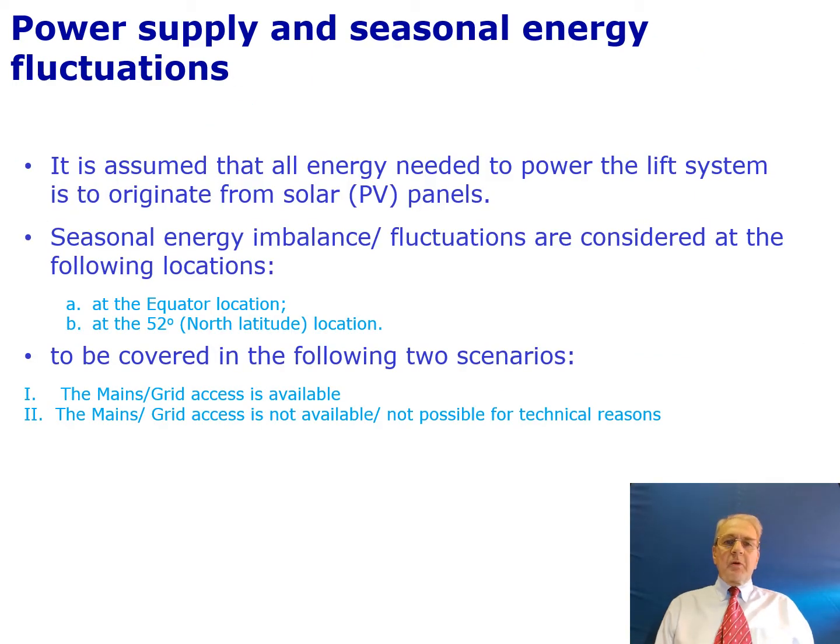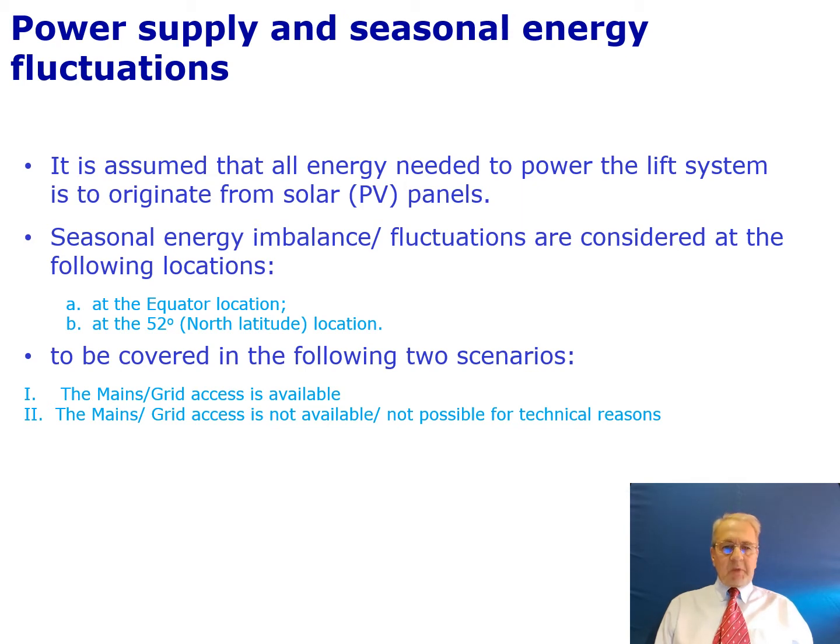We'll now move to power supply and seasonal energy fluctuations. We'll assume that all energy needed to power the lift is to originate from solar panels. The seasonal energy imbalance fluctuation will be considered at the following two locations: at the equator and at the 52-degree north latitude, which is about where London is.